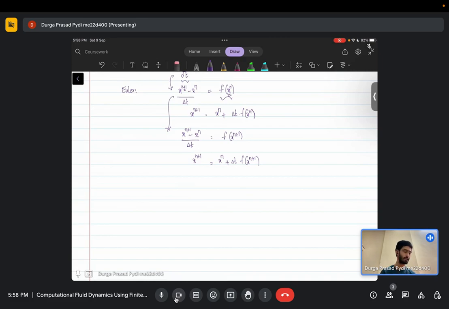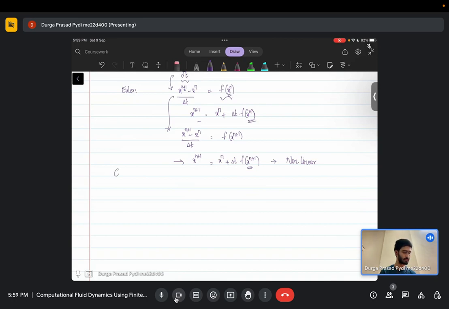This is a completely implicit, fully implicit method. In this case, it is not a straightforward equation like previously. Since x n plus 1 is also an unknown, you need to solve this using some other algorithms. This is essentially what we call a nonlinear problem, if f is nonlinear.